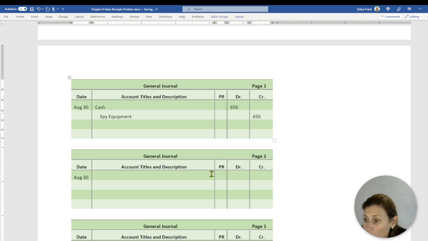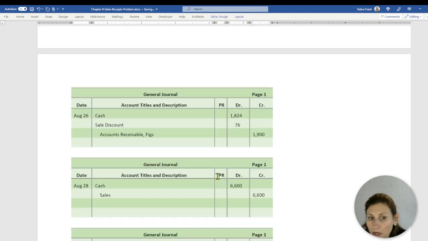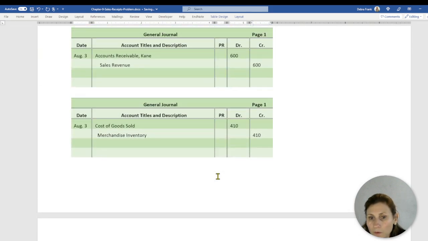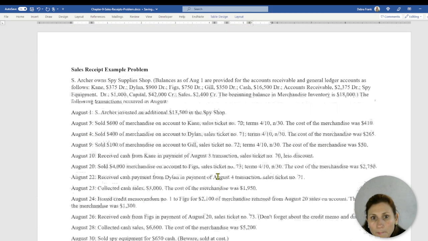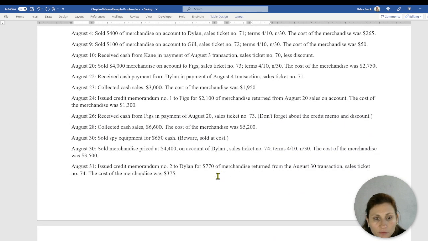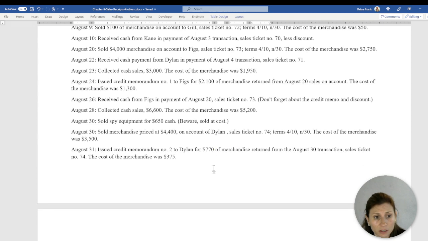So let's keep going. We have a couple more. Sold merchandise priced at $4,400 on account of Dylan, $410, and the cost of merchandise was $3,500. We've done this one so many times. We can do this.